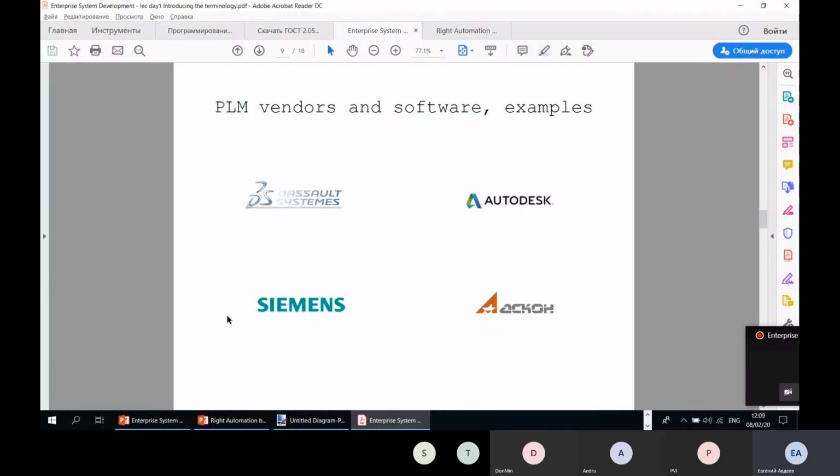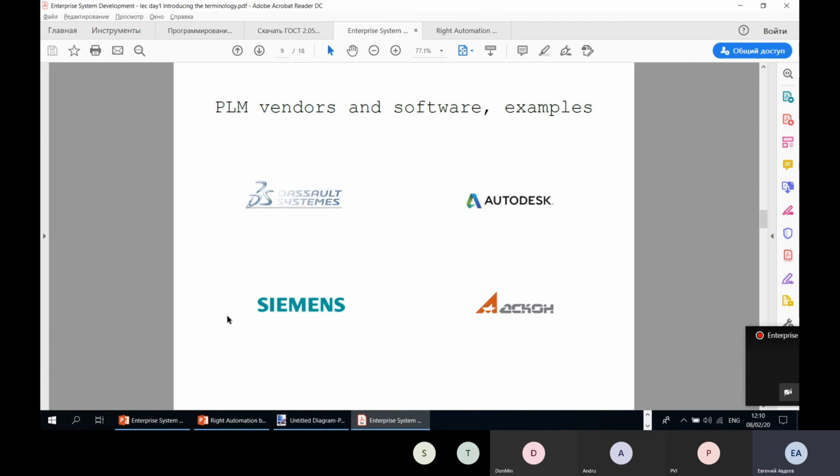So PLM is about enterprises which have engineers and work with industrial products. They make airplanes, cars, automotive products, electronic parts, smartphones.